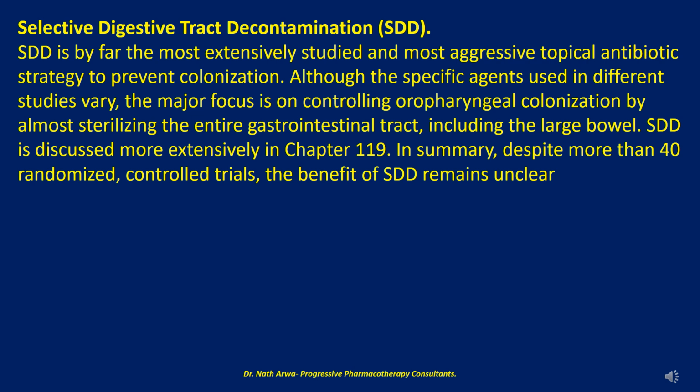Although the specific agents used in different studies vary, the major focus is on controlling oropharyngeal colonization by almost sterilizing the entire gastrointestinal tract, including the large bowel. Selective digestive tract decontamination is discussed more extensively in Chapter 119. In summary, despite more than 40 randomized, controlled trials, the benefit of selective digestive tract decontamination remains unclear.